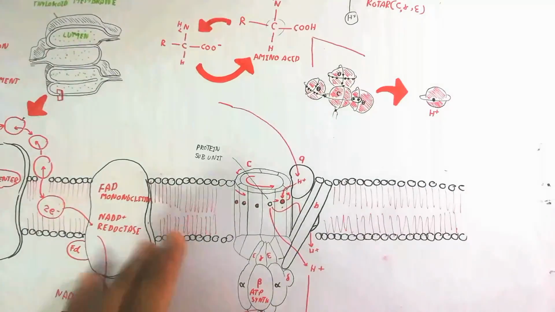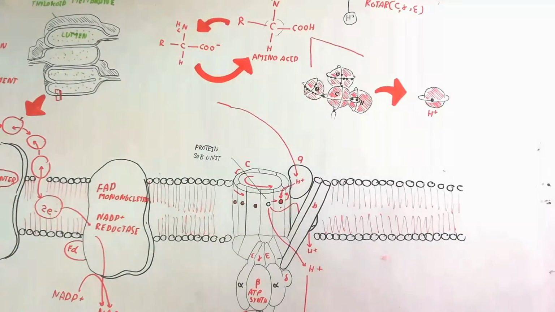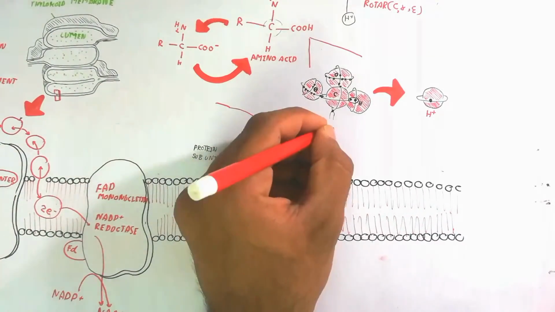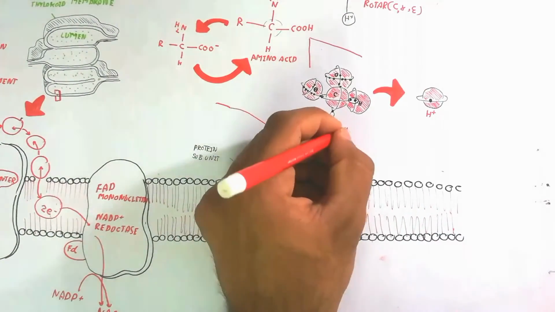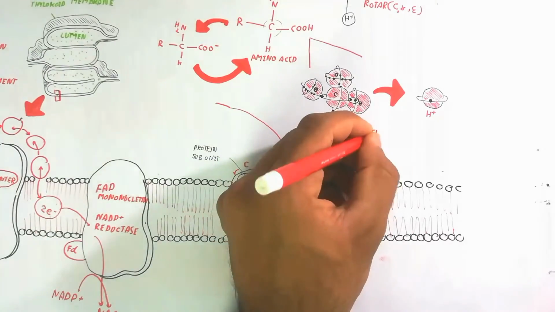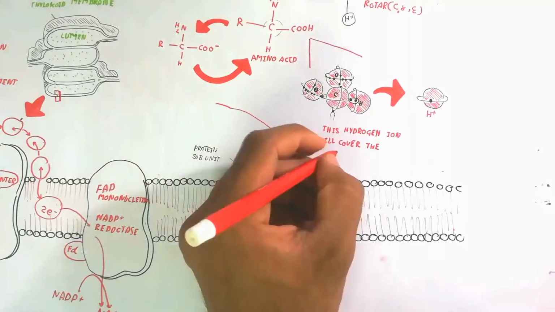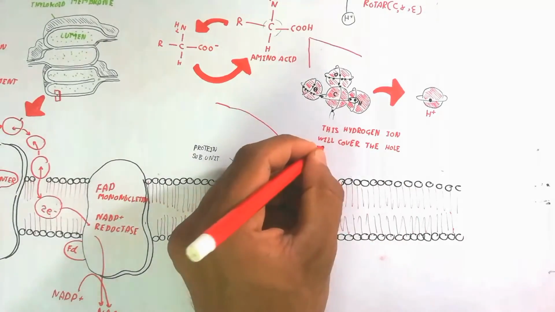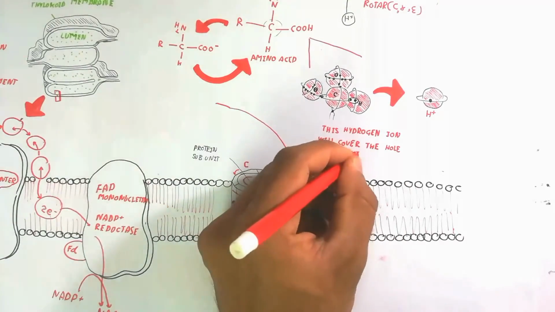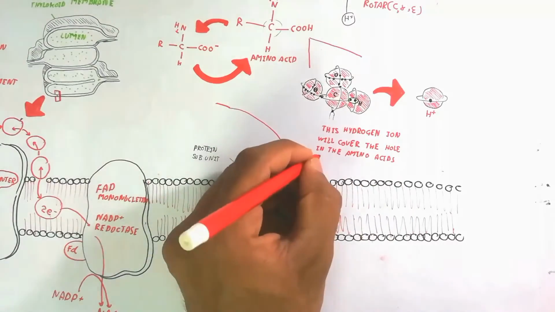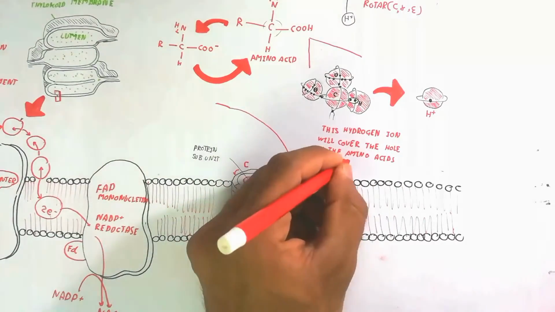Basically from the lumen it adds more and releases, adds, releases, adds, releases. That is, the cycle will continue. So I hope you understand these things, which are the basic importance.